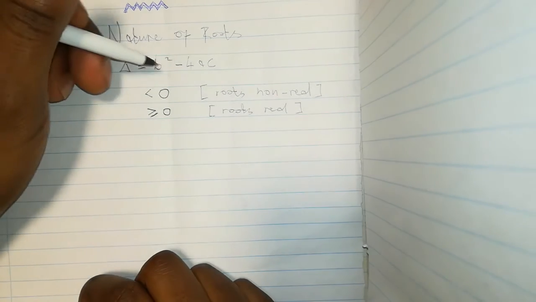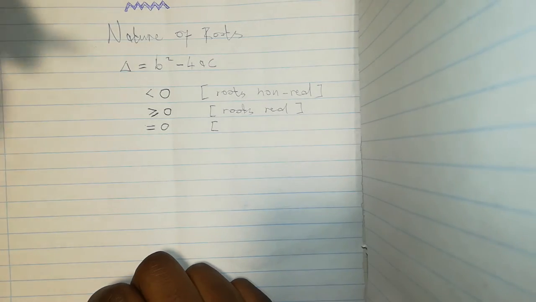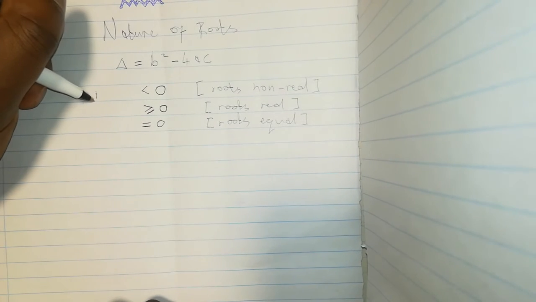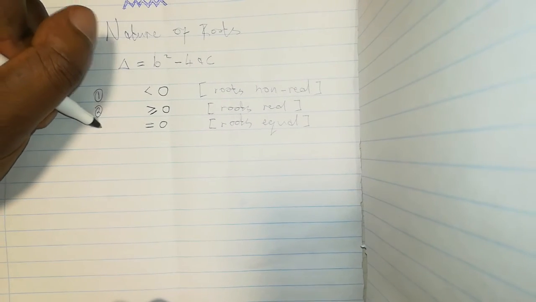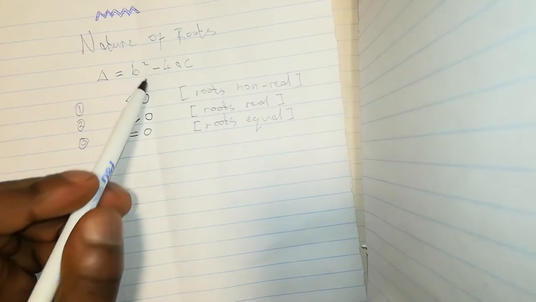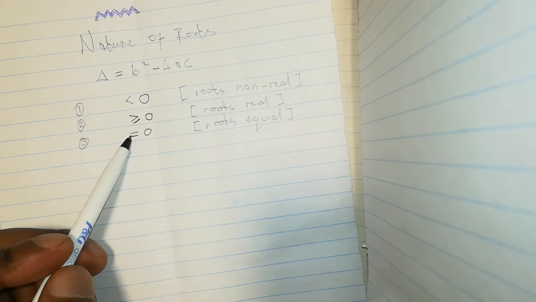And if this number is equal to 0, it means that the roots of the function are equal. They are the same. So these are the only 3 cases of the nature of roots: when the discriminant value is less than 0, bigger than 0, or equal to 0.